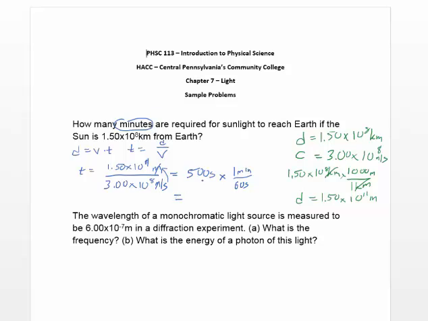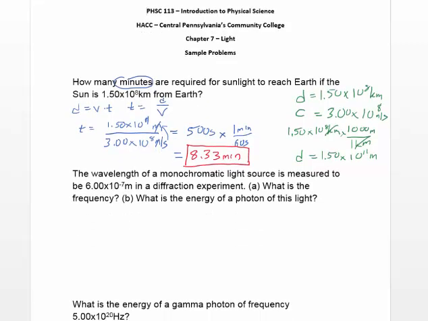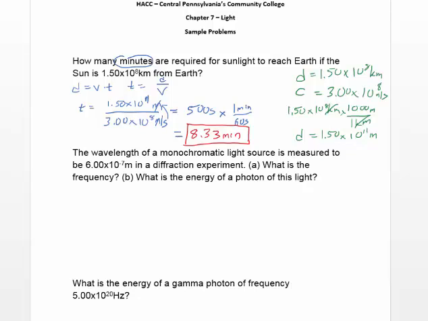And when we divide those, we find out that it would be 8.33 minutes that it takes the light to traverse the distance between the Earth and the Sun, traveling at the speed of light. So the sunlight we see now when you go outside is actually sunlight that left the sun over 8 minutes before.